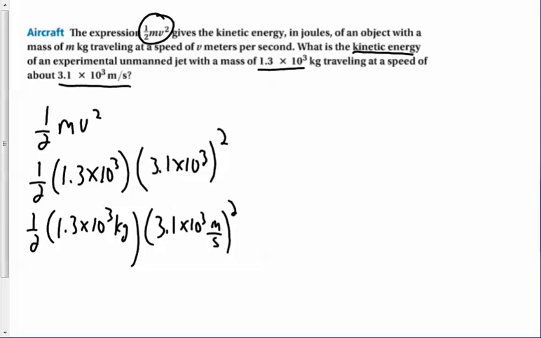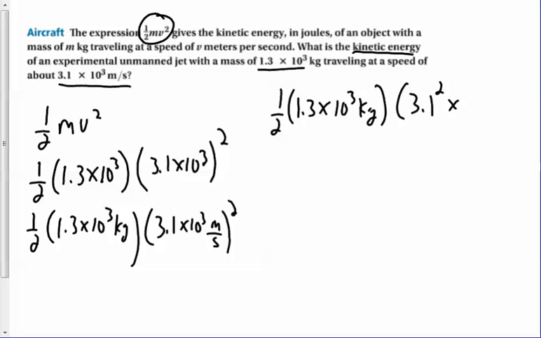All right. So the first thing I'm going to do is leave the 1/2. No big deal. And I'm going to leave this 1.3 times 10 to the third kilograms. But what I am going to do is apply that squared to everything. So it's going to be 3.1 squared times 10 to the 3 times 2.